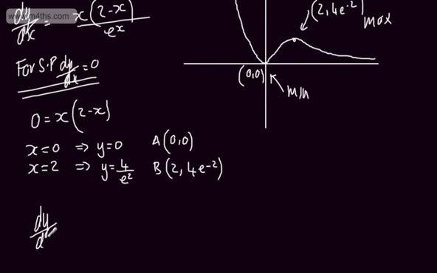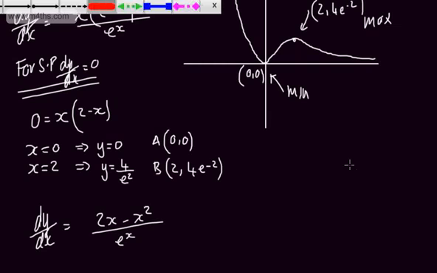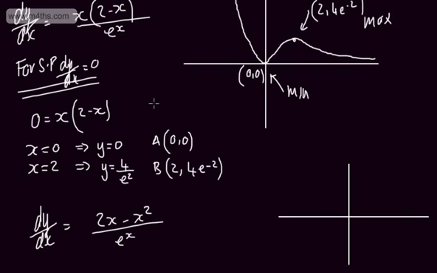So what we've got then, dy by dx, and instead of writing it like so, you could treat this as a product, but I would just expand the brackets. So you've got 2x minus x squared, and that's over e to the x. So let's go ahead and find d2y by dx squared using the quotient rule. So just thinking off the top of my head, let's go ahead and do that. So we've got u, which is 2x minus x squared.